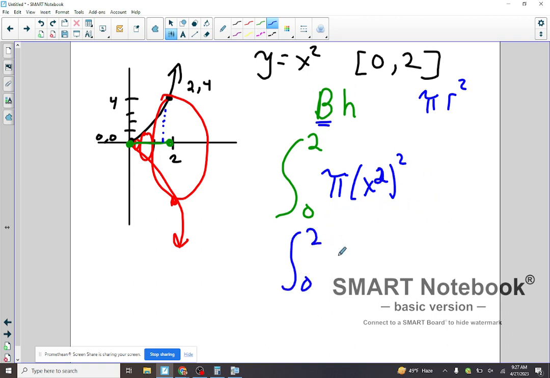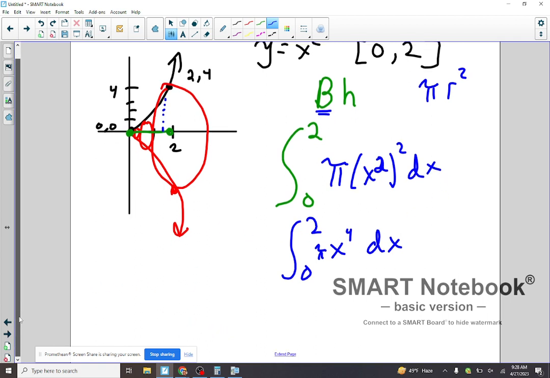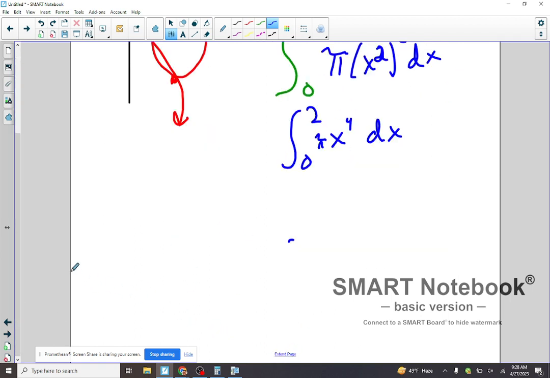So from 0 to 2, pi x to the 4th, dx. Should have put dx here also. We anti-derive. So it's going to be pi x to the 5th divided by 5 from 2 to 0.